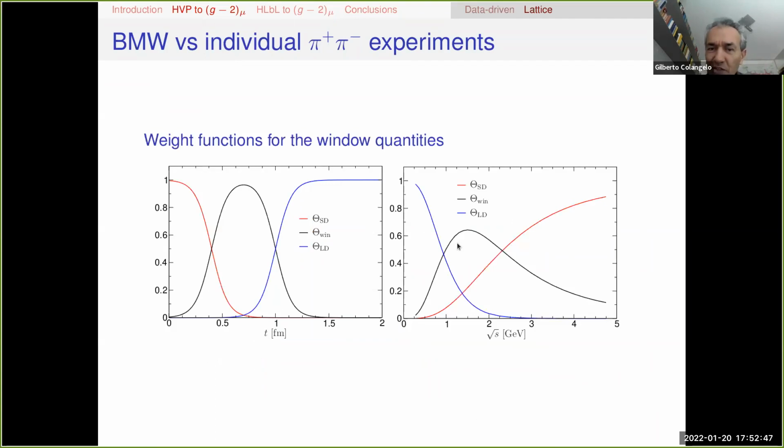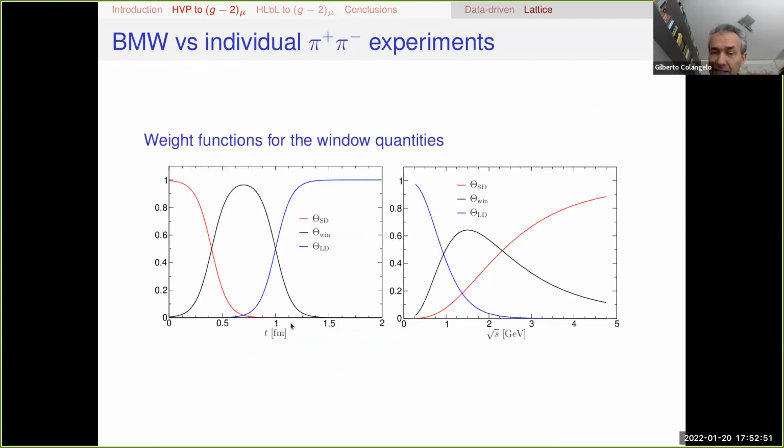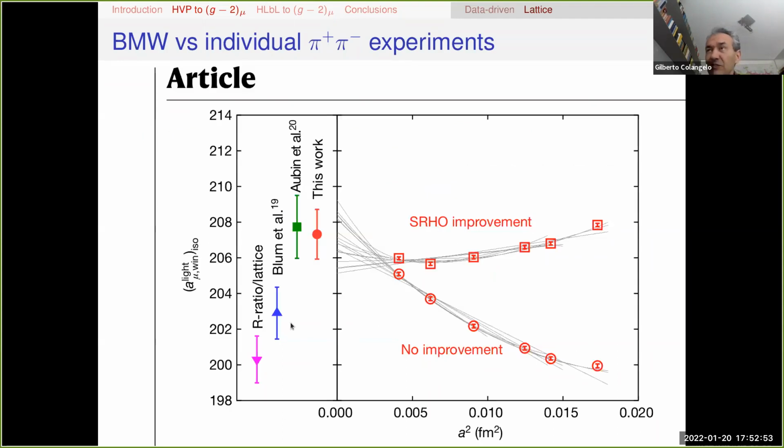What we concluded from this comparison is that part of the difference... if you assume that all the difference is below 1 GeV, then you calculate this window quantity with the shifted cross-section as we have obtained.